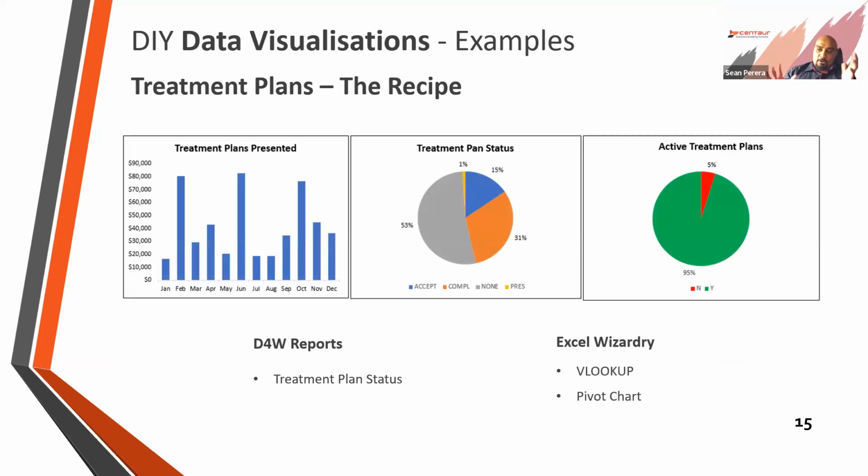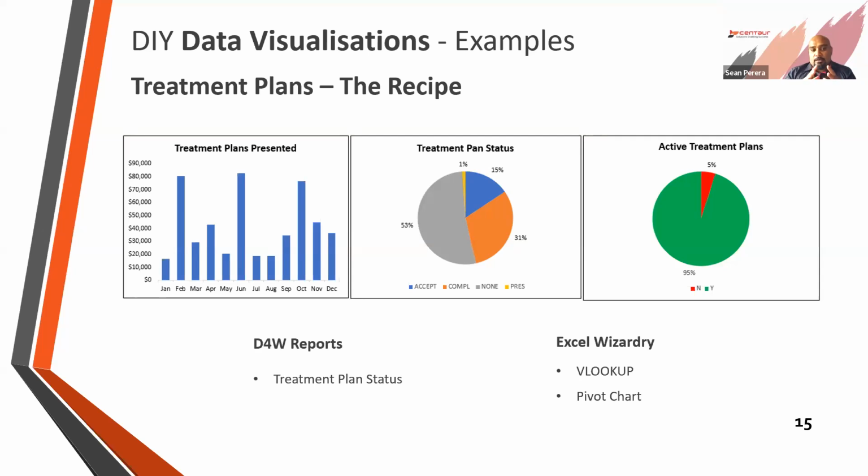All right, so the final one is treatment plans. For this example, we're only using the treatment plan status report. And we use the same VLOOKUP and pivot chart to arrive at something like this: treatment plan presented, treatment plan status at any given time, active treatment plans at your practice.